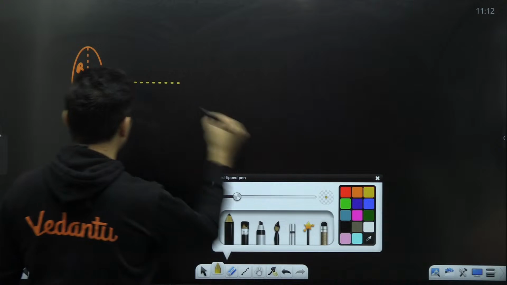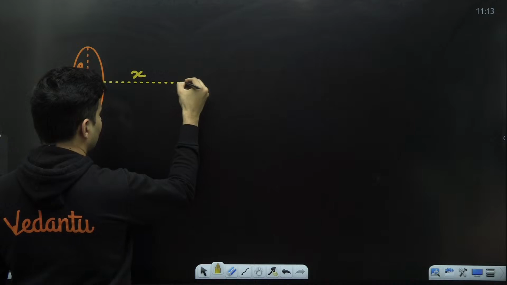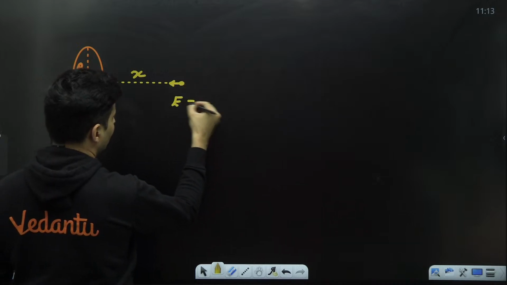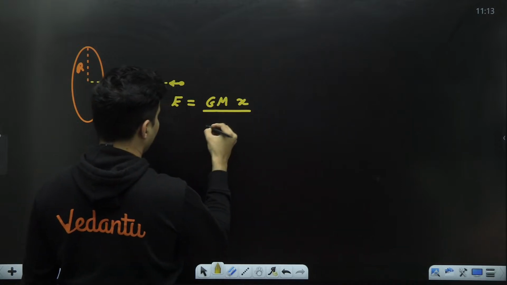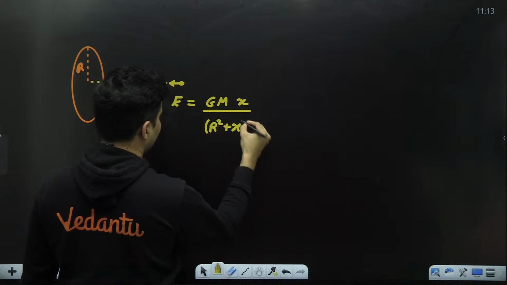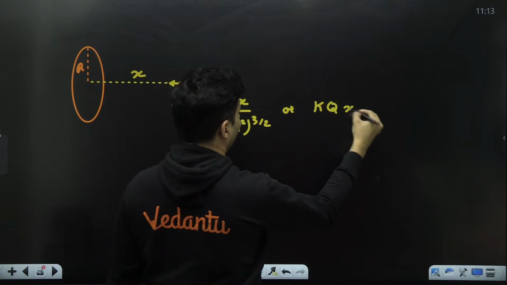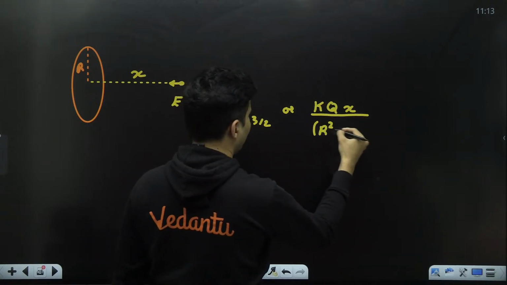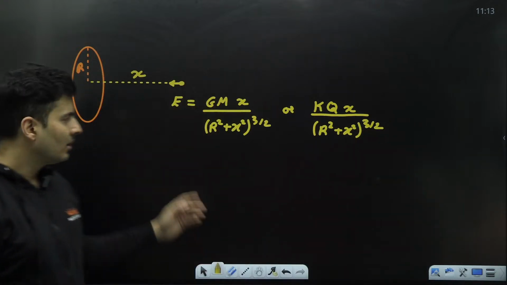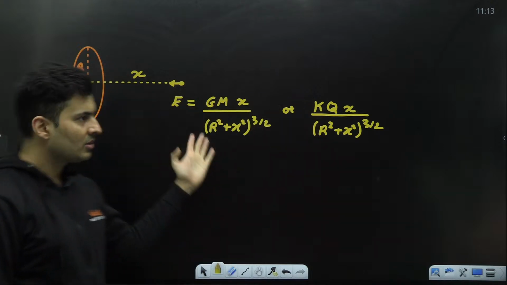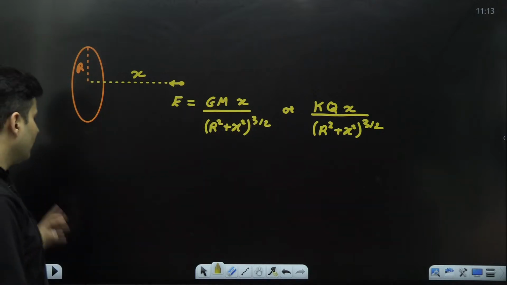Then the field that you will experience in case of gravity will be GMx divided by (r square plus x square) raised to 3 by 2. In case of electrostatics, it is kQx divided by (r square plus x square) raised to 3 by 2. So that is the only difference: instead of G, K; instead of M, Q.